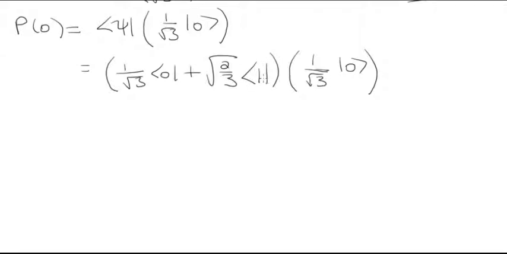Now we do the same thing as before. Bra 0 acts on both ket 1 and ket 0, but remember, when bra 0 is multiplied by ket 1, it's 0. So effectively we only have, as the final answer, 1 on root 3 squared, because this coefficient acts on 0, 0, which is 1. The final answer is 1/3.